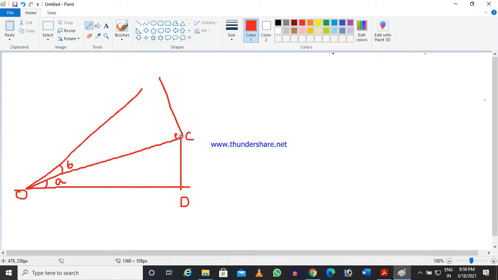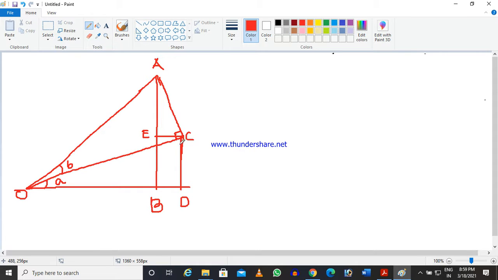Basically this angle is 90. I have joined here, and this point I have given the name A. From this point I am making one perpendicular which is cutting here at B. From this point I am making a perpendicular to AB, and this point I am giving the name E. These are the things I have done.